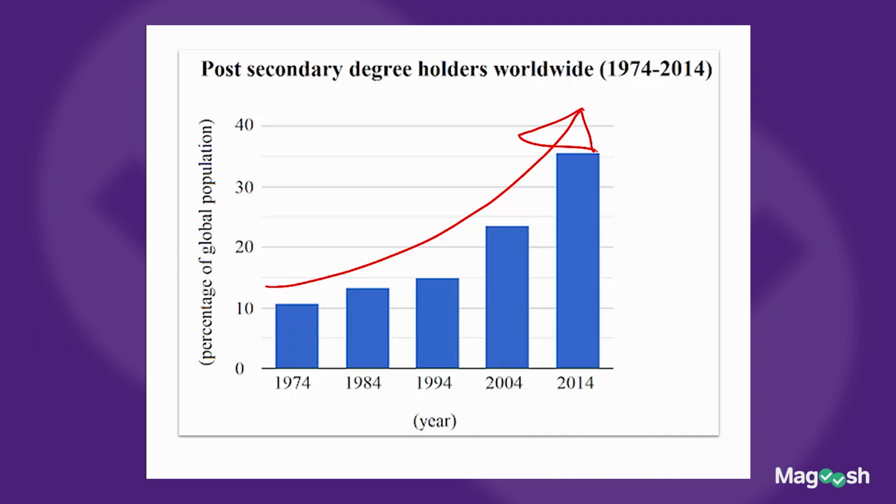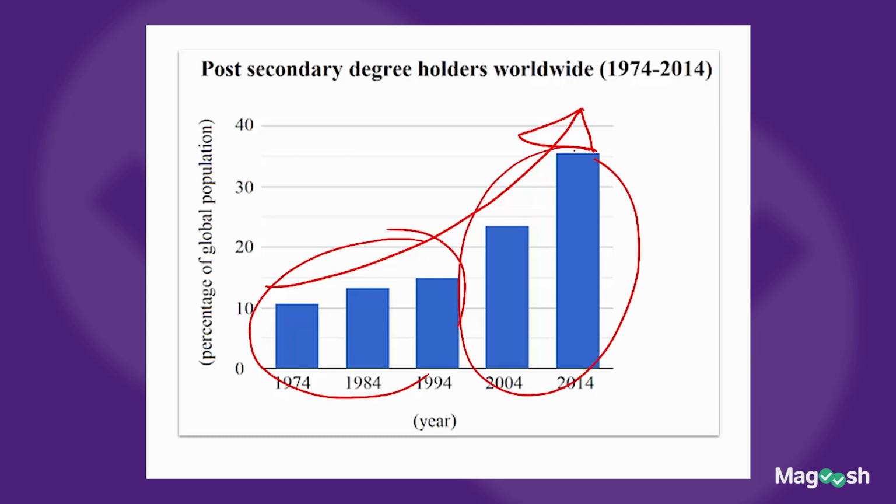But also notice that we could discuss a change in the second graph, a change that seemed to occur if we focus in on these two time frames that are there. So from 1974 to 94, the rise in post-secondary degree holders is fairly slow. But from 1994 to 2014, the percentage of post-degree holders rises much more rapidly.